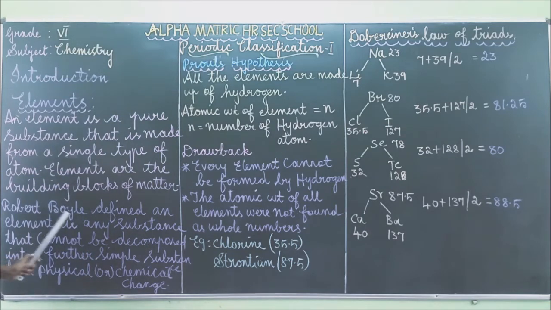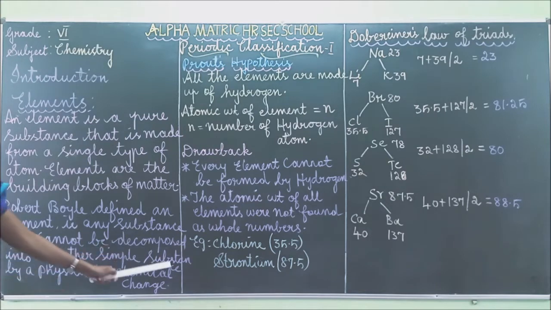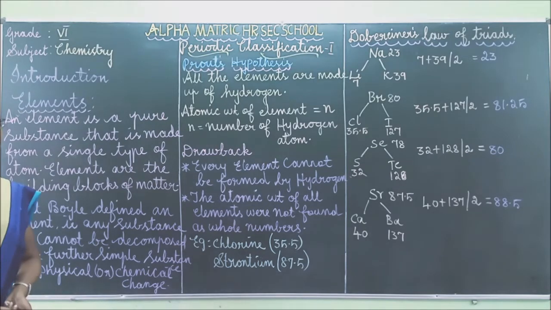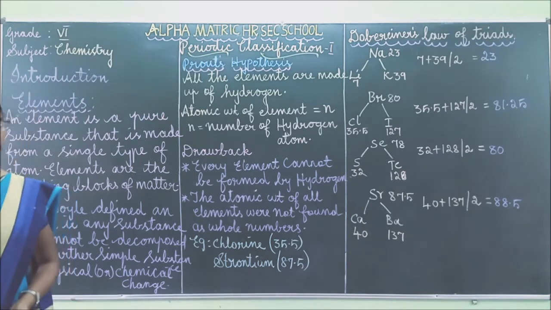So Robert Boyle defined an element as any substance that cannot be decomposed into further simpler substances by physical or chemical change, or otherwise we can say during a chemical reaction.